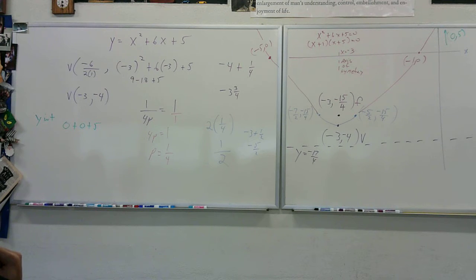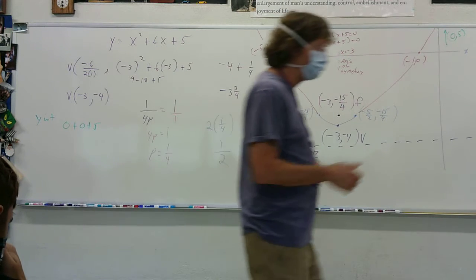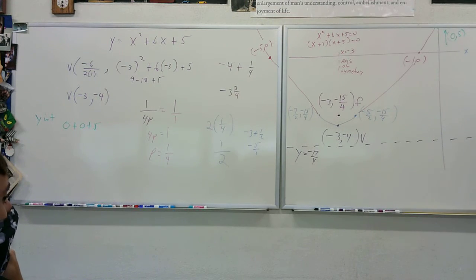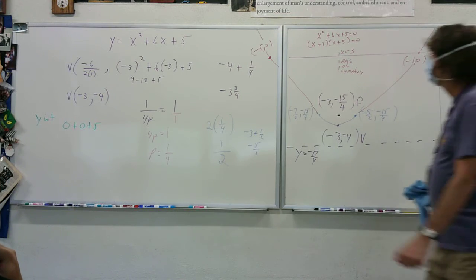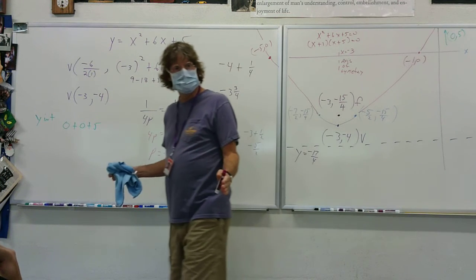quadratic form. What if it doesn't factor? You must use what to find the x-intercepts? Quadratic formula. Now, if you do not know the quadratic formula, I can understand that. You'll know it soon, right?